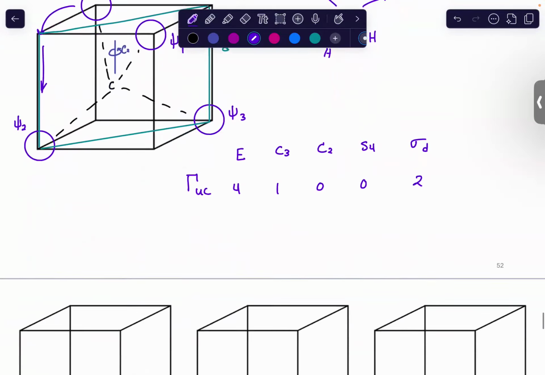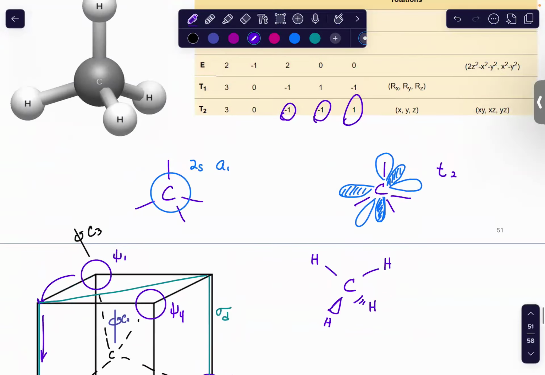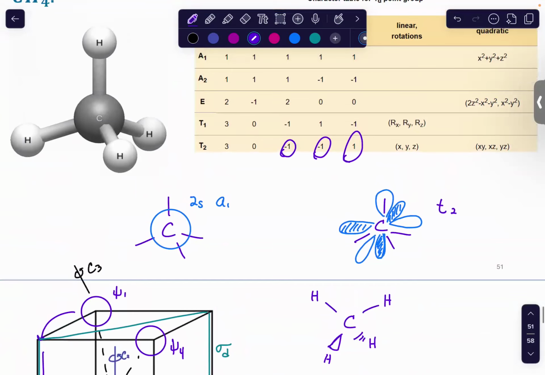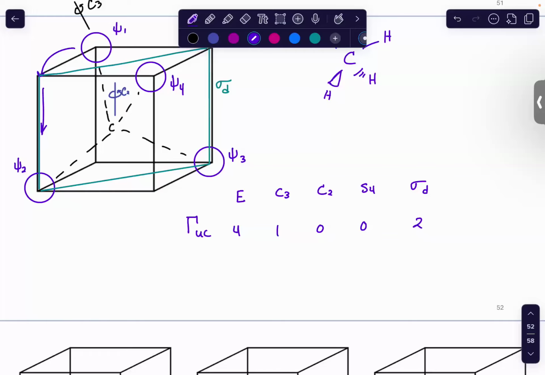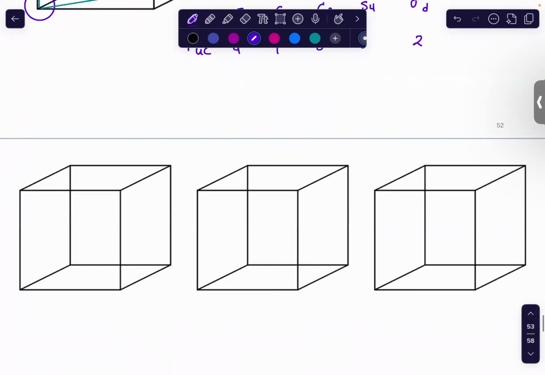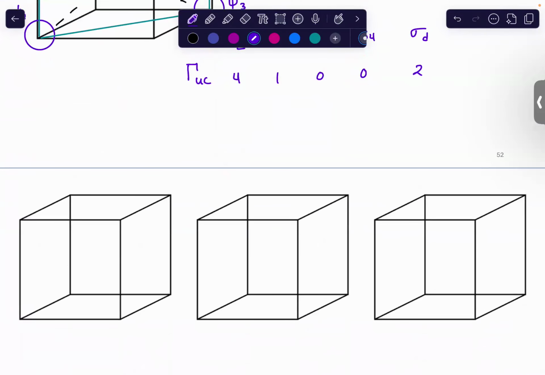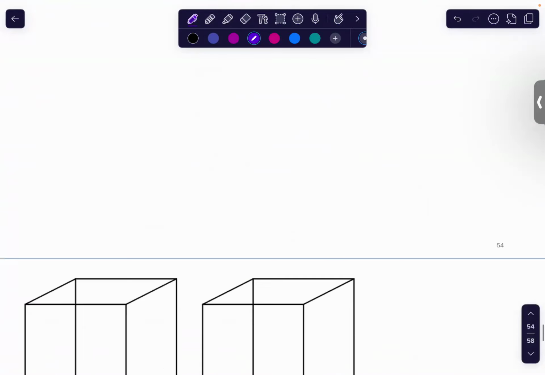Now we could say we already know the symmetries of the orbitals are A1 and T2. So if I combine A1 and T2, I should be able to get this. But let's start working through the size of this.